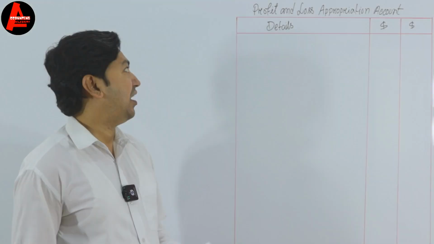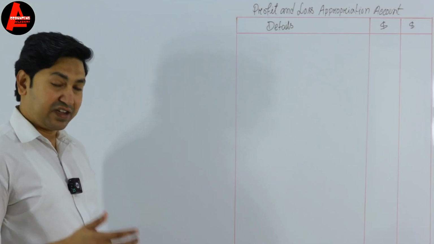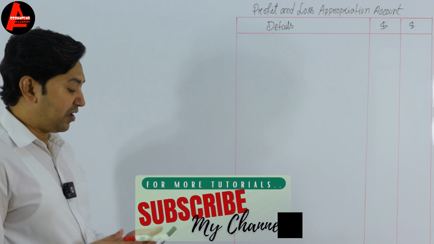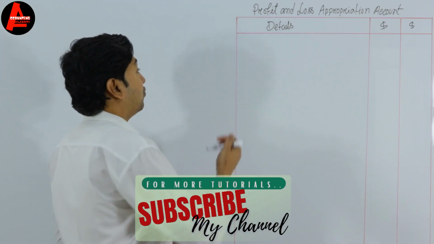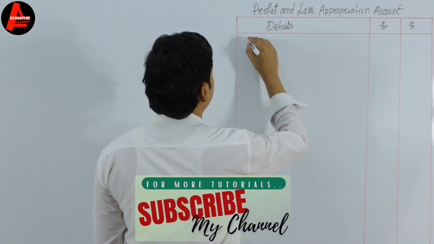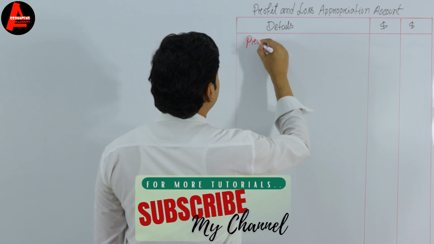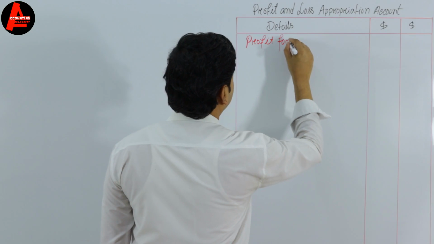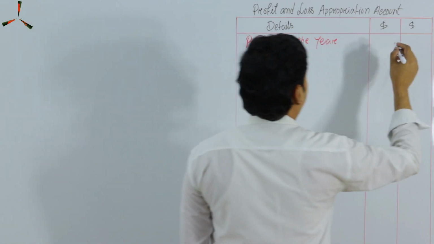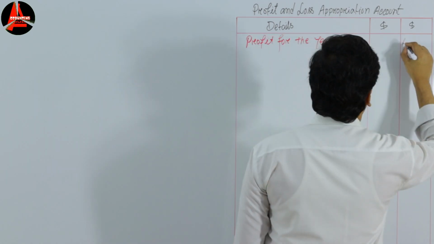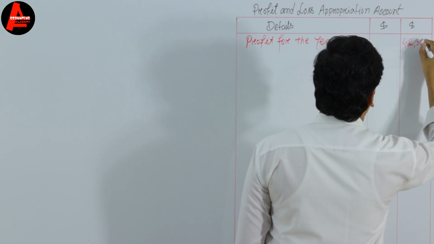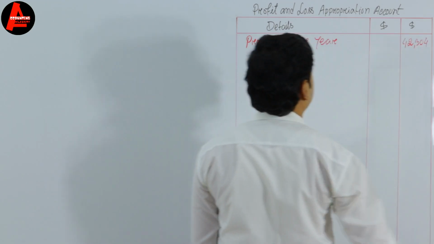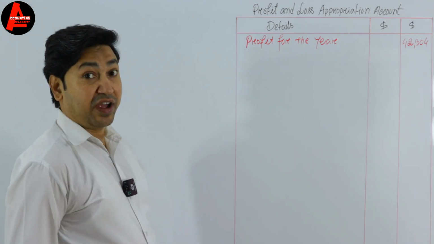This will appear first of all here in this account. Remember, this is step 1. So we will write profit for the year on the outer column: $42,304.